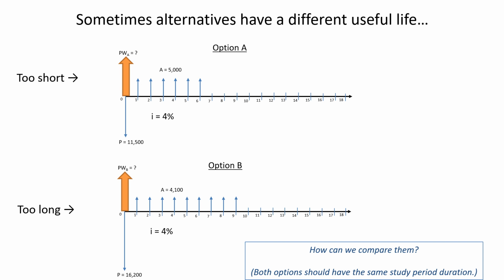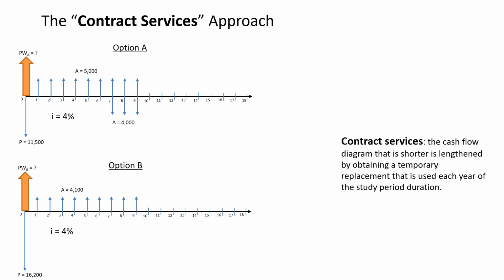So contract services basically says, let's rent the equipment or lease it or take out a contract. Let's find some alternate way on a year-by-year basis to have a substitute piece of equipment available so that we can lengthen the shorter option and make it last the same study period as the longer of the 2 options. So option B already went through 9 years. Option A used to be 6.